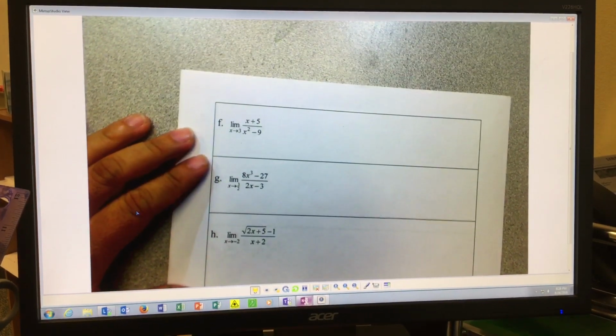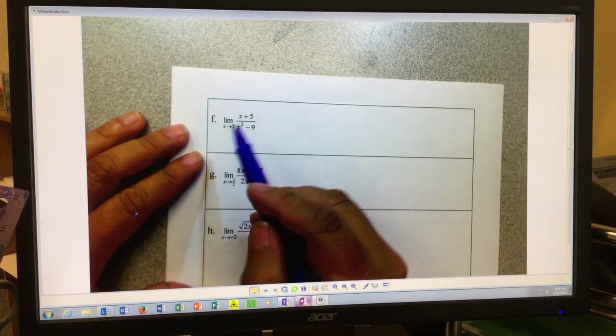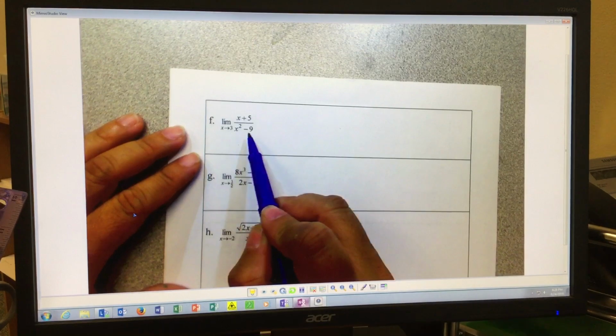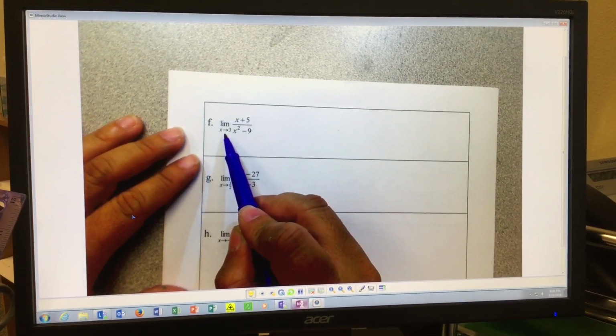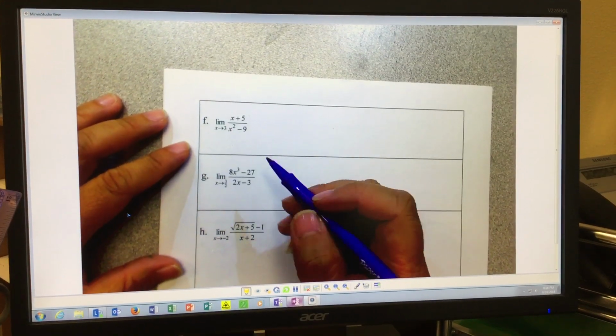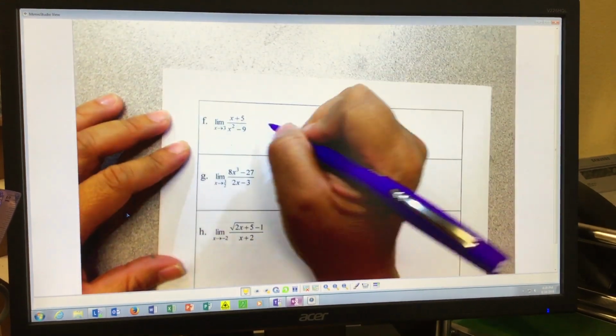Okay, let's do letter F. So for letter F, if we put 3 into the equation, it appears that you'll have a denominator that's undefined, but we also need to check, okay?